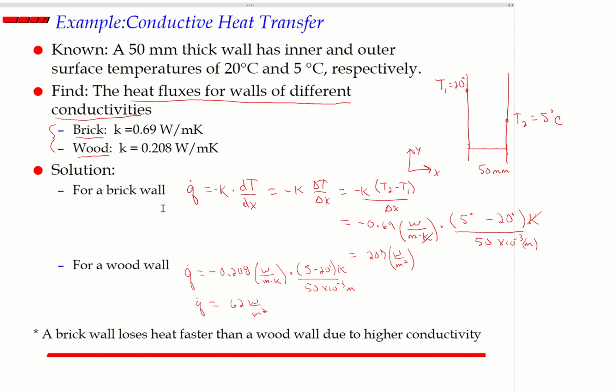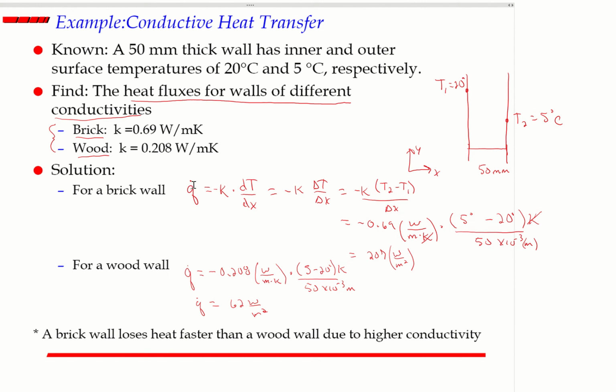Okay, so for the brick wall, if you recall, the heat flux is the rate of heat transfer divided by the area. They didn't give us any information about the area, so we can put this on a per unit area basis. And so that's what heat flux is.